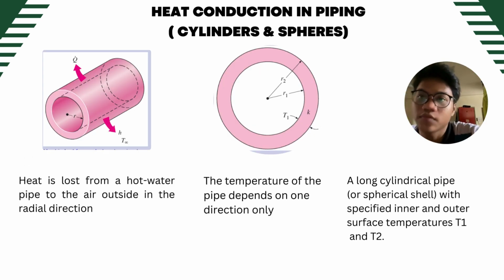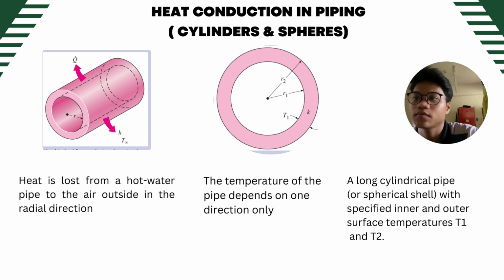I will continue with heat conduction in piping, which has the shape of a cylinder and sphere. Heat is lost from a water pipe to the air outside in a radial direction, and thus heat transfer from a long pipe is steady and one dimensional.